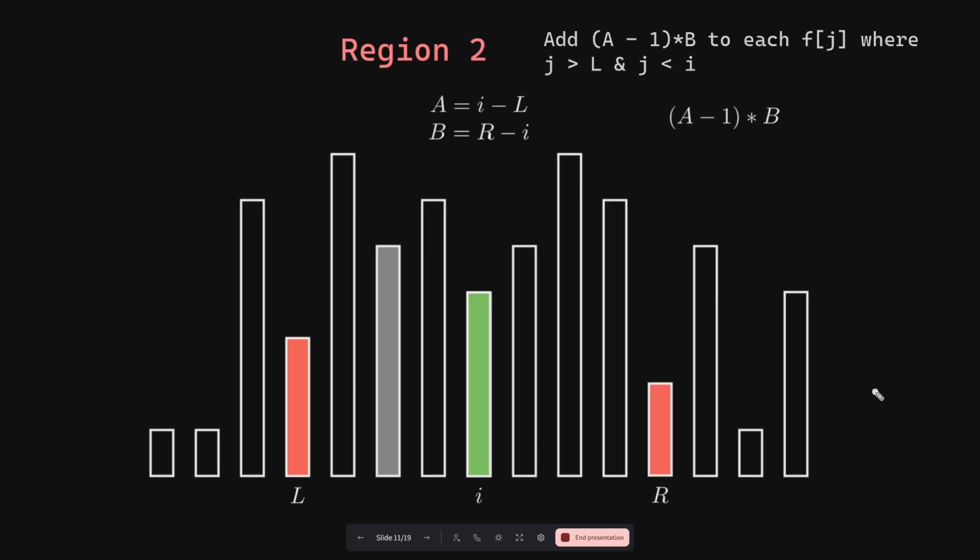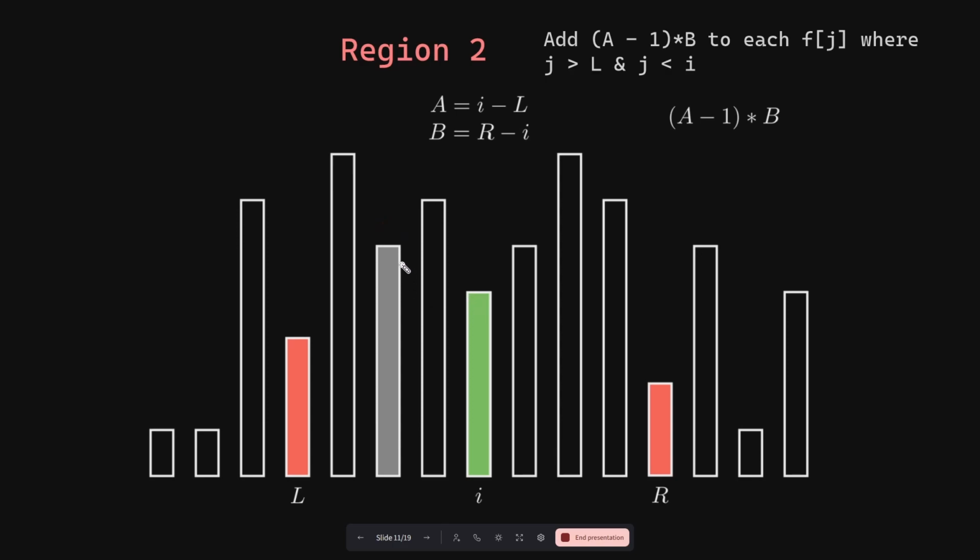Now, what happens when an element from region 2 is deleted? Let us randomly select this element and delete it. It is marked gray, that means it is deleted. Now, what is the contribution of this green element in this reduced subarray where this element no longer exists?